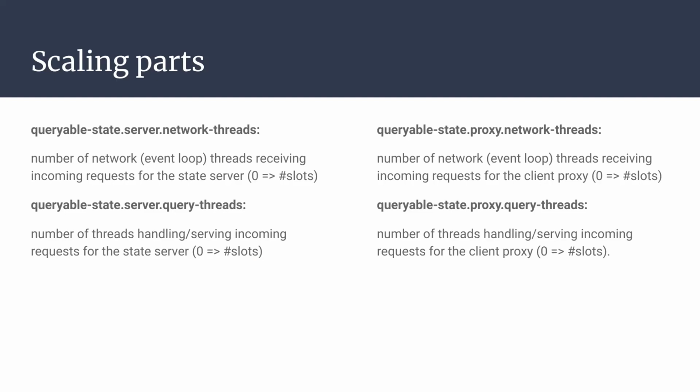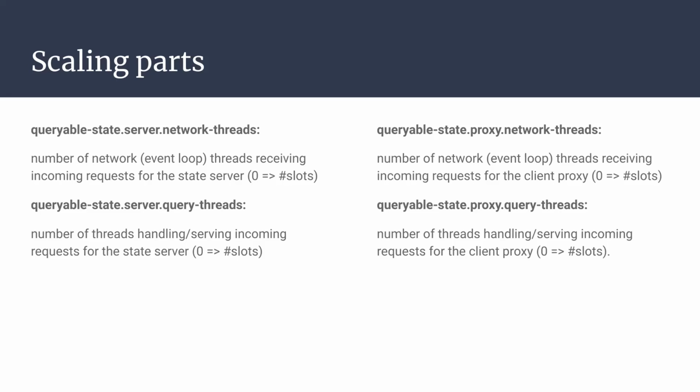You have a separation of concerns between things that deal with requests, which are the network threads, and the actual query threads. So both of those are tunable as a function of the number of clients you expect to be querying this. So you can basically scale pretty well.